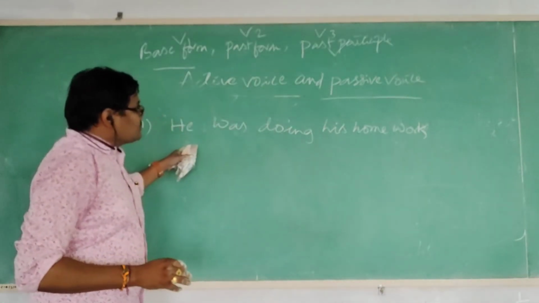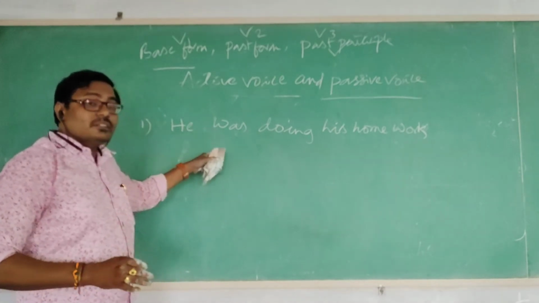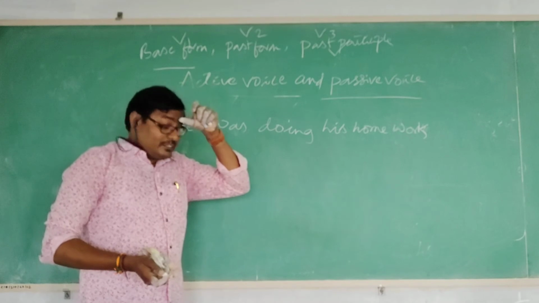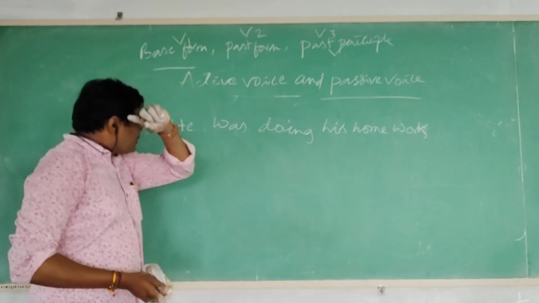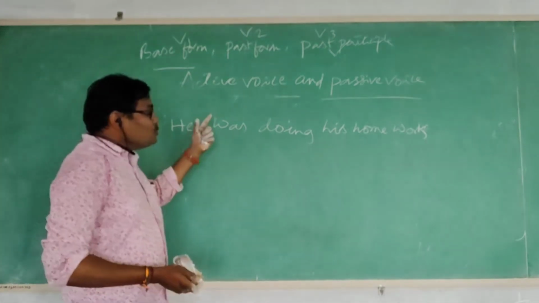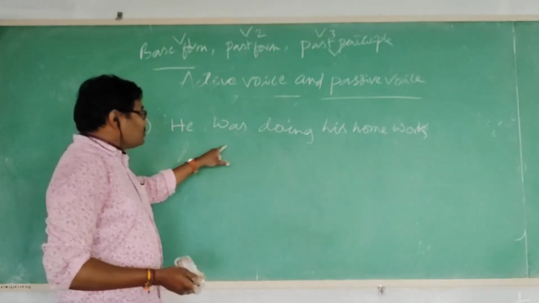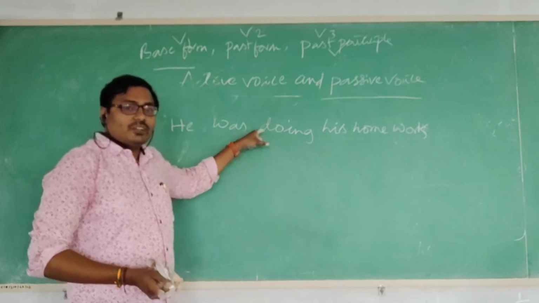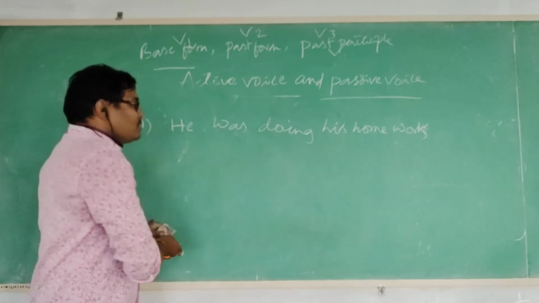See, this sentence is in past continuous tense, right? Since it is in past continuous tense, what we have to do is that, as said earlier, we have to use being, because here we can see -ing form in this sentence. Okay, let us see as per the 6 rules.